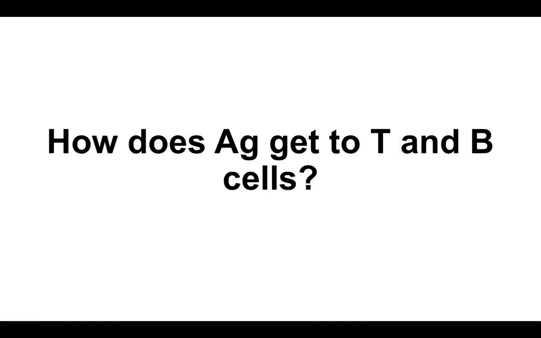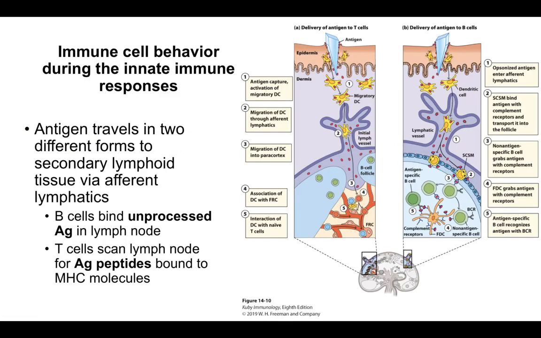How does antigen get to T and B cells? Antigen can be brought to the lymph node through dendritic cells that have captured antigen, migrated to the lymph node, processed the antigens, and then present them.